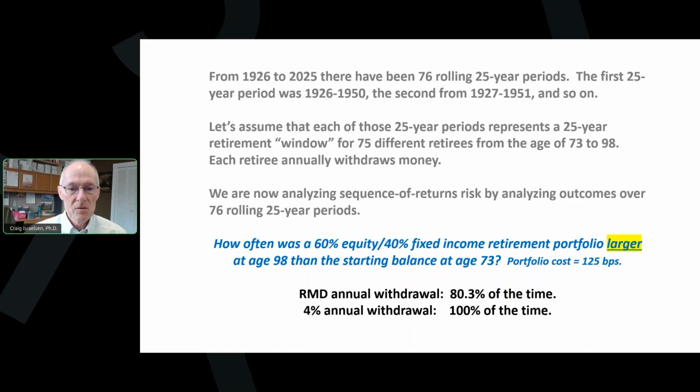That's what the analysis over the last century tells us. And again, this is 76 rolling 25-year periods. So 80.3% of those 76 rolling quarter century periods, the portfolio had grown larger. And that's after taking a lot of money out.